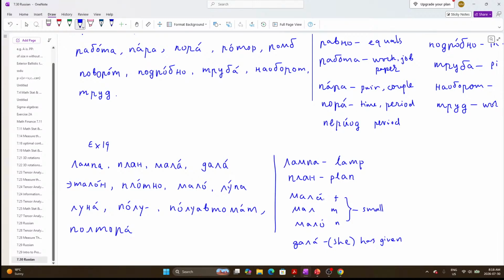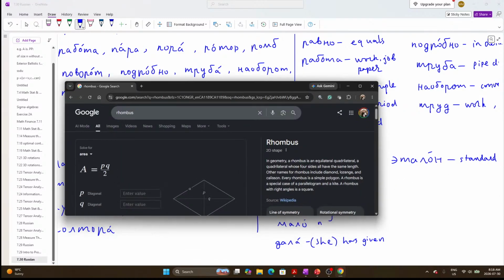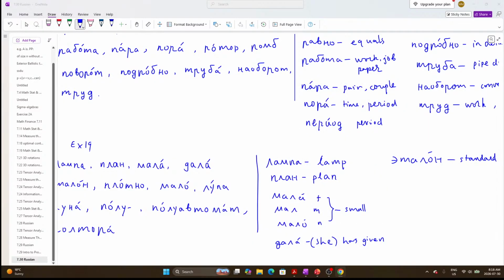Эталон is standard. How do you say things like standard deviation in Russian? Let's see.